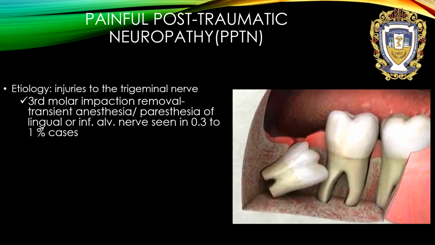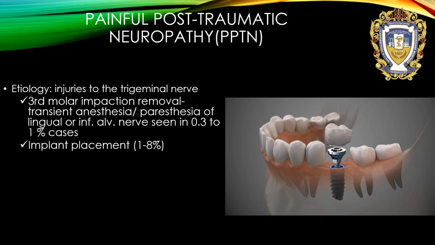Another group, painful post-traumatic neuropathy or PPTN. Etiology. More often it is injuries to the trigeminal nerve, like third molar impaction removal, transient anesthesia or paresthesia of the lingual or inferior alveolar nerve seen in 0.3 to 1% of cases.